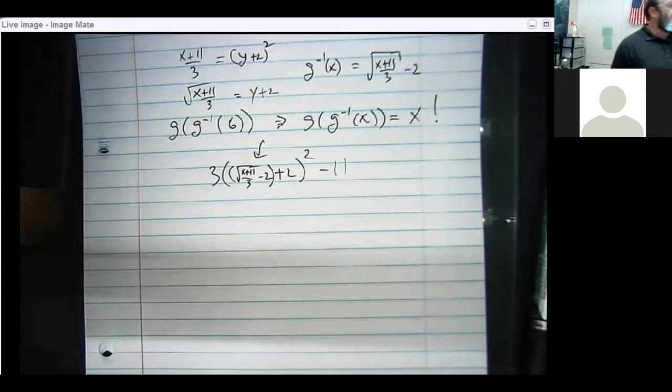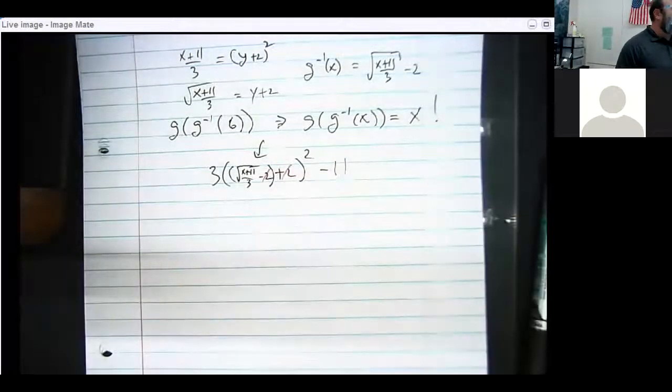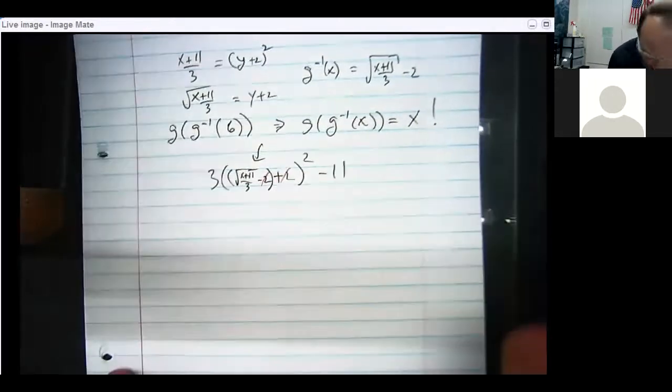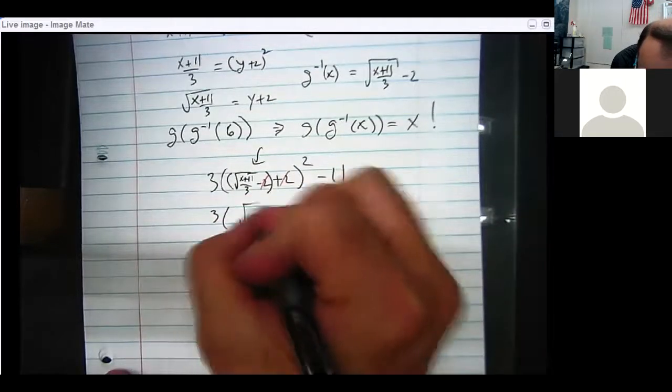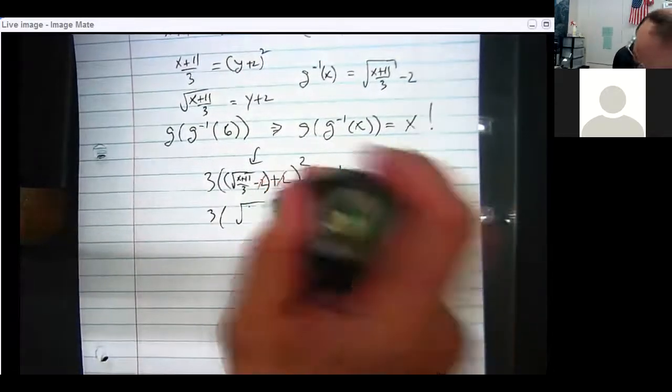What do you guys see immediately? You see those two 2's? Would that be easy to make go away? I got a -2 and a +2. Is that nice? Oh, okay, that's better. Then what's left inside was x plus 11.